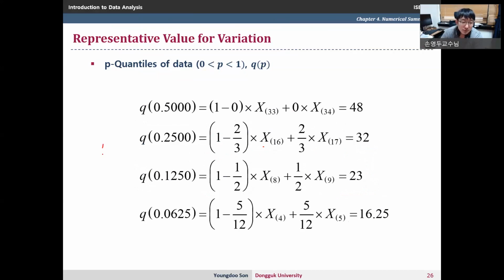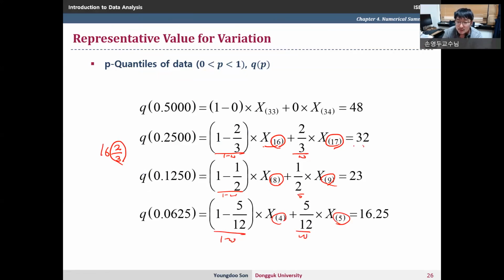So it was originally 16 and 2/3. These 2/3 will be the weight W, so 1 minus W here and W here, applied to K1P and K2P. Here are the 1 minus weight and the weight.